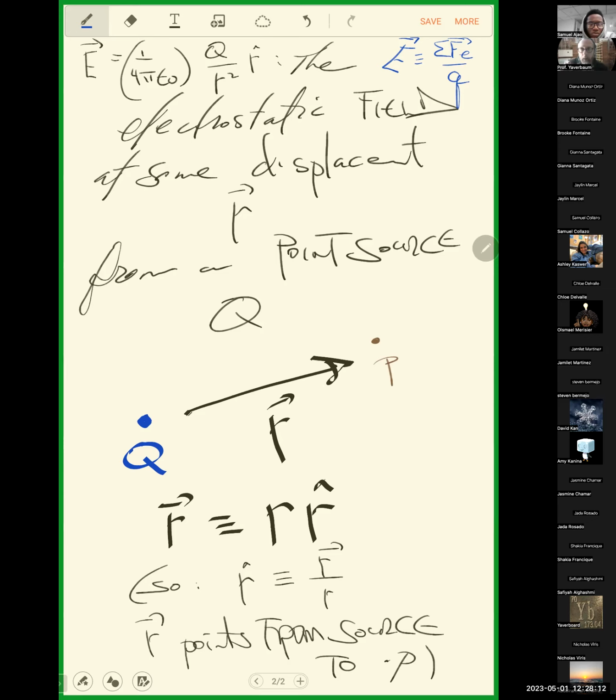Field is defined to be net electrostatic force per charge. Strictly speaking, if I'm talking about electrostatic field, it is net electrostatic force per charge. The bottom line is field is force per charge.